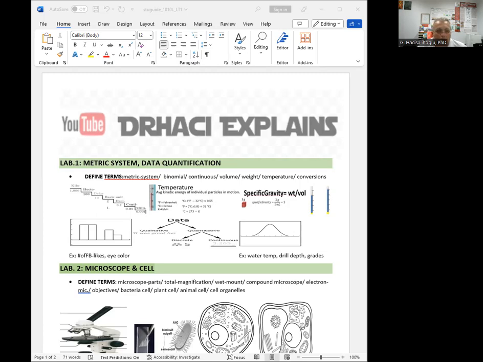We had data like qualitative data, which is something we don't measure, like eye color, for example, versus quantitative data, which could be discrete, like binomial.